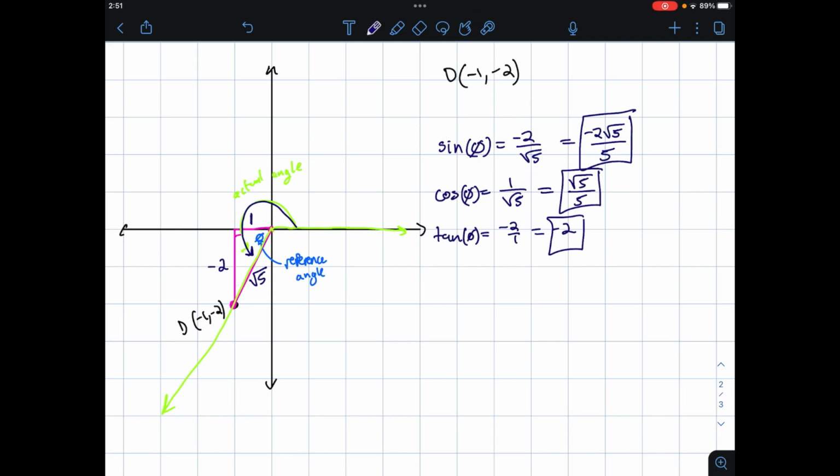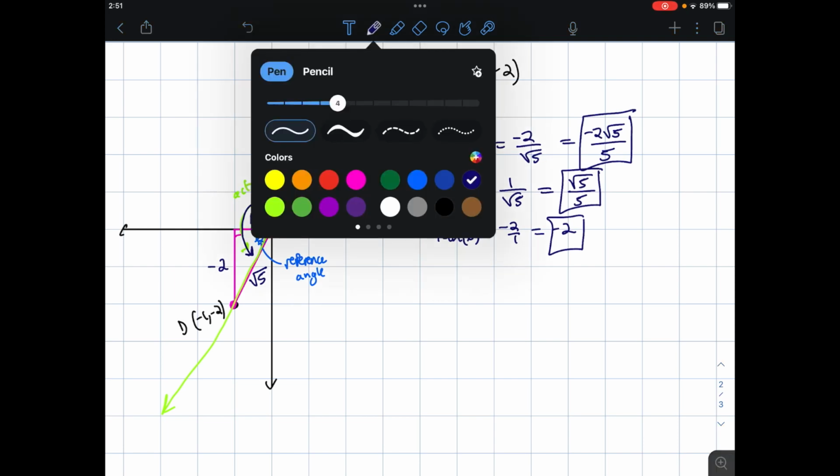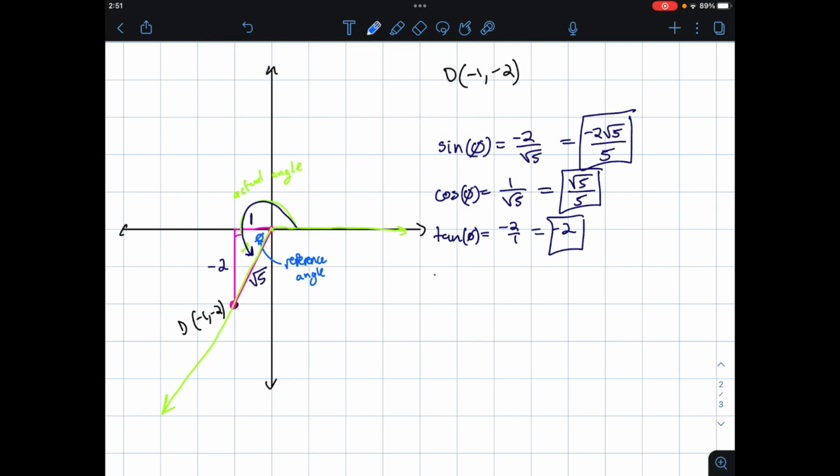Yeah, so that's all good and well. Then we could do our reciprocal trig functions, so I can do cosecant theta, and then I can just flip those upside down. Again, I could flip this, but why don't I look here? Because then I can just deal with not having to rationalize. So I get root 5 over 2, and it's negative.